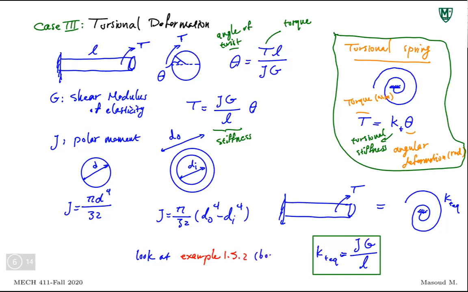Take a look at that example. Hopefully it makes sense. It's talking about how the natural frequency can change as well. It gives you the wing of an airplane, and it shows how it can be simplified as a cantilever beam.